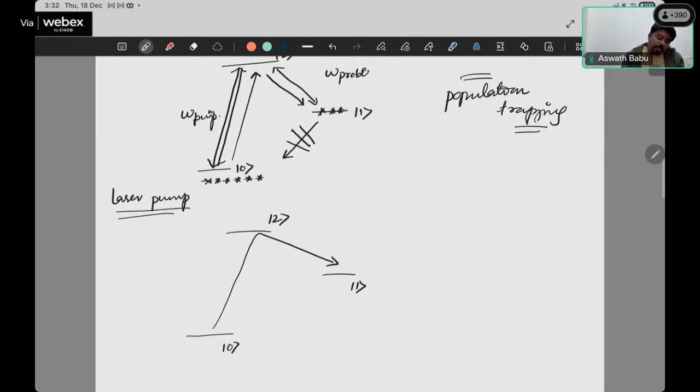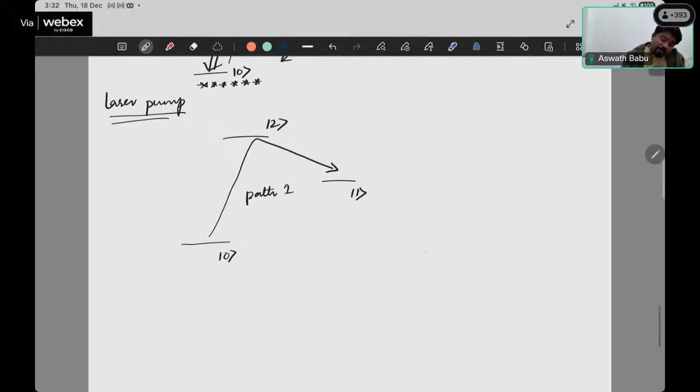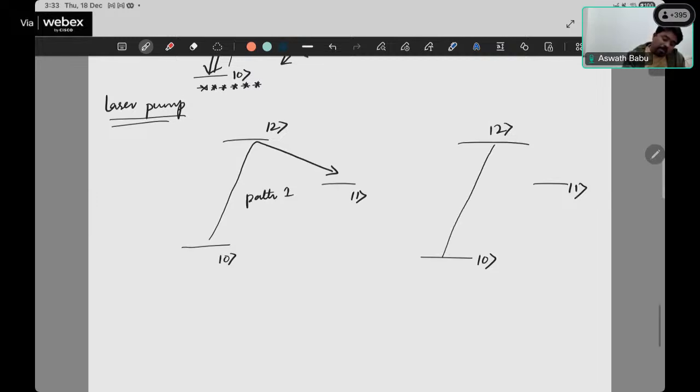How is it suppressed? When I take a 3-level atomic system with 2 lasers, electrons going to level 1 can happen in multiple paths. There is not only one path as you see here, there are multiple paths. So whatever path I showed is path 1. There is another path also, and it's very interesting. That path is: the electron goes directly to level 2, comes down to 1, and again goes back to 2 and then comes back to 1.